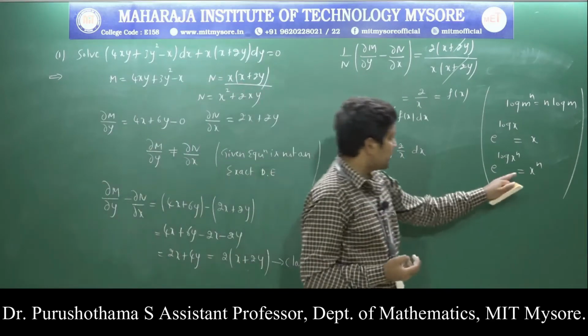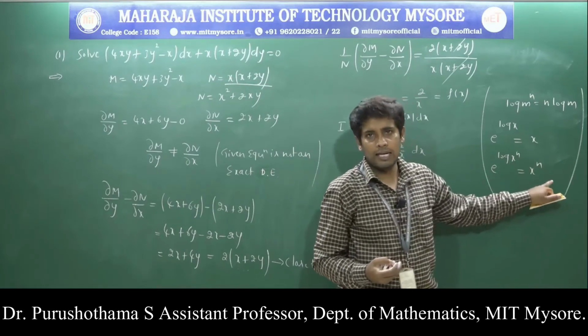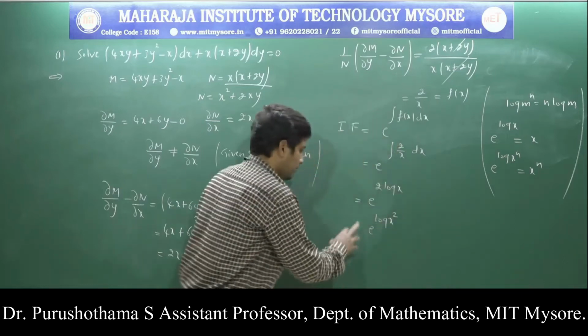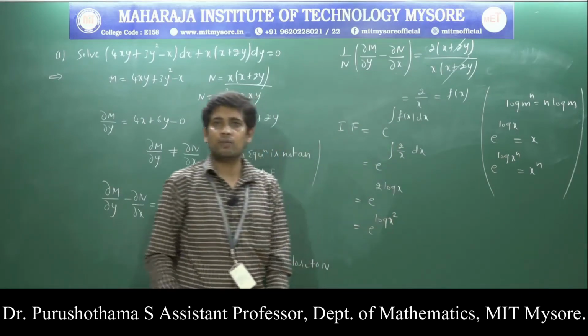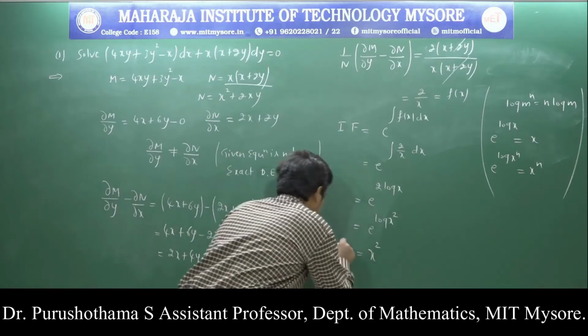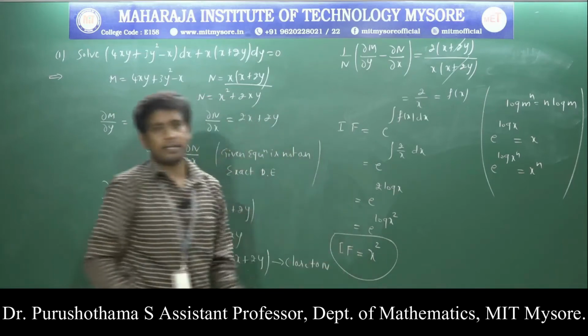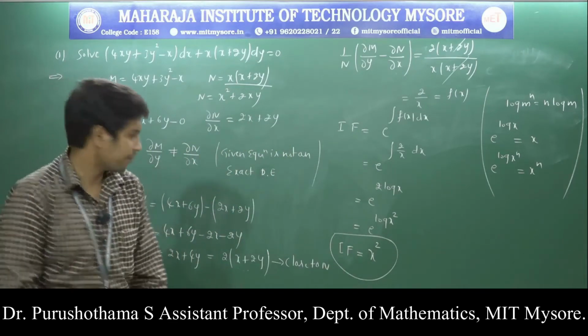Here I am going to use the last property, e power log x power n is x power n. Similarly, e power log x square is equal to x square. This is the integrating factor. The integrating factor is equal to x square.